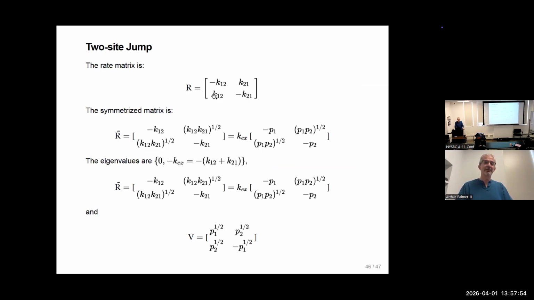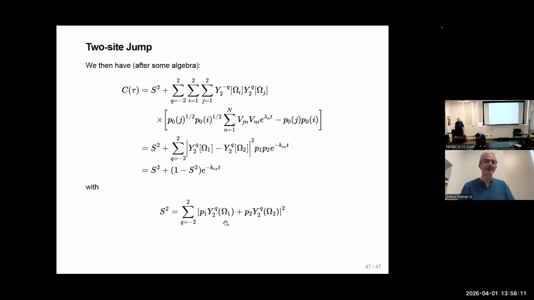It's pretty simple for a two-state model. Here's the matrix R, here it is symmetrized, here are the eigenvalues, here are the eigenvectors. All of this we can get from Mathematica or ChatGPT. We do up all the sums.